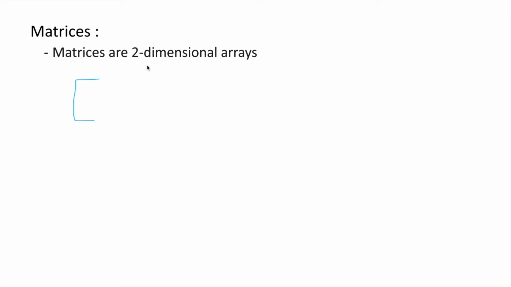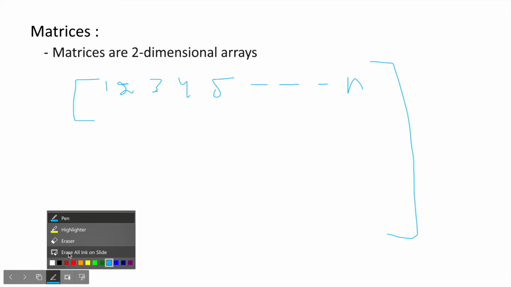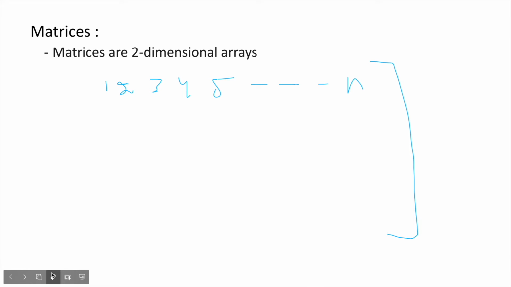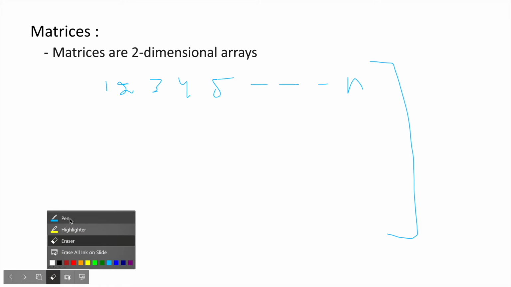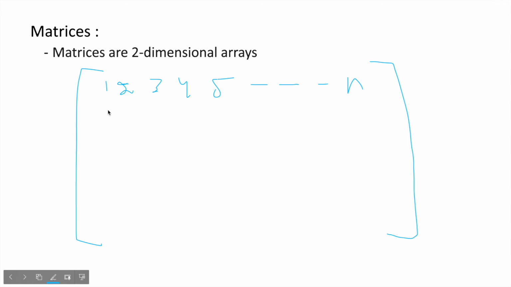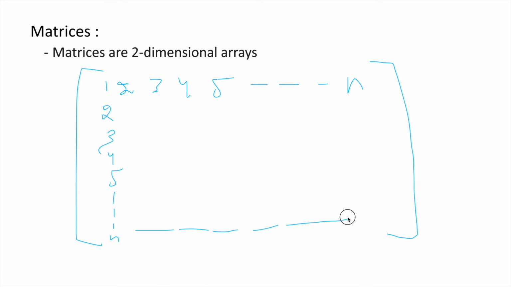It can be any number of rows: 1, 2, 3, 4, 5 up to n. And similarly here, it can be 1, 2, 3, 4, 5 and up to n.